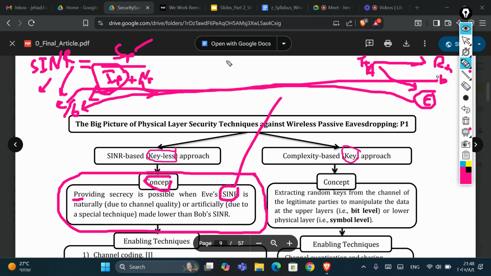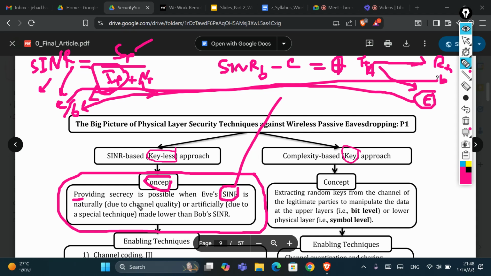This means that when you subtract the SINR of Eve from the SINR of Bob, it should be a positive quantity. When it is positive, you will be able to provide physical layer security naturally. In that case, you can send your information at a rate where Eve cannot detect or decode it. That's the idea.